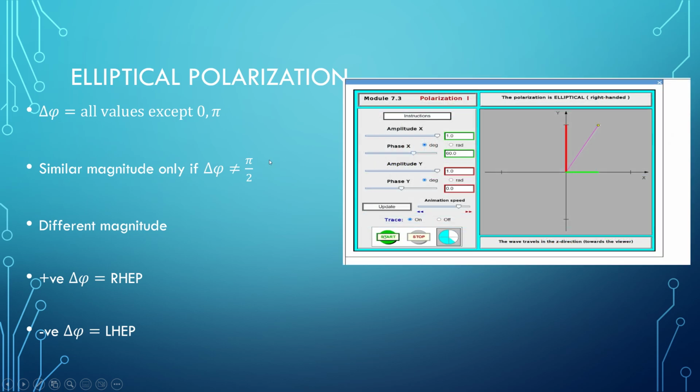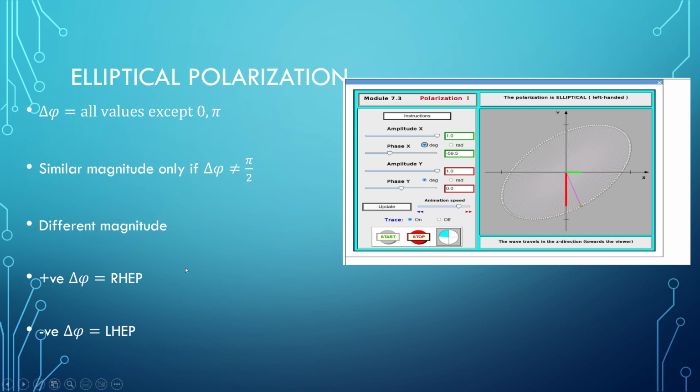As you can see here, we set the phase difference to be minus 60, and you can see clearly that it is an elliptical shape, and the direction of the polarization is a right hand elliptical polarization. As you curl your right hand fingers with the direction of polarization, your thumb should point towards you.